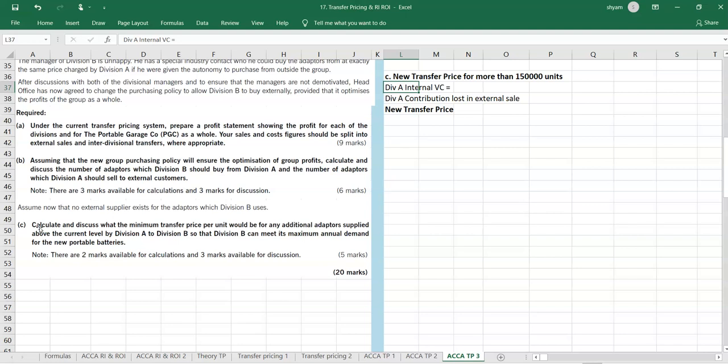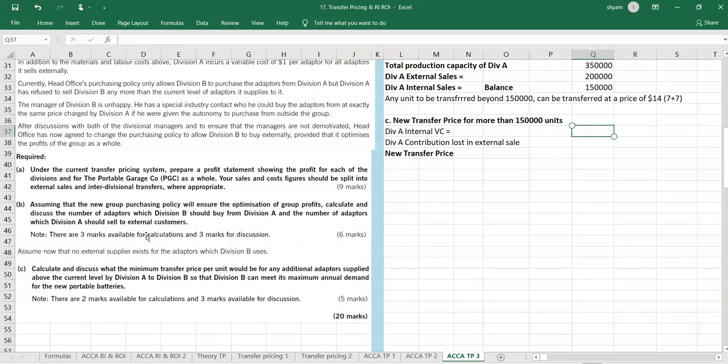Calculate and discuss what the minimum transfer price would be for any additional adapters supplied above the current level by division A to division B, so that division B can meet its maximum annual demand for the new portable batteries. So what he asks is the minimum price.